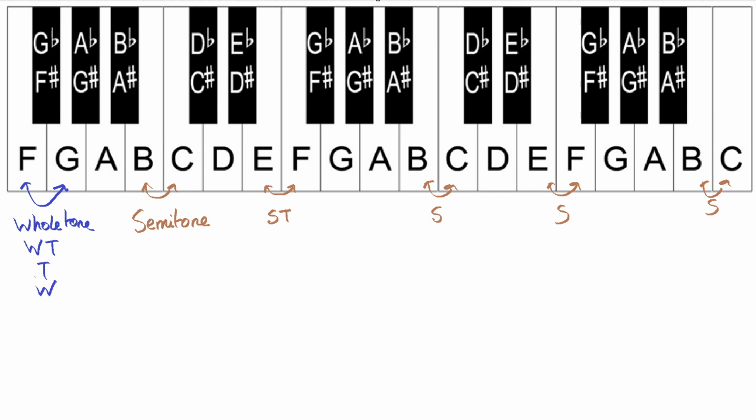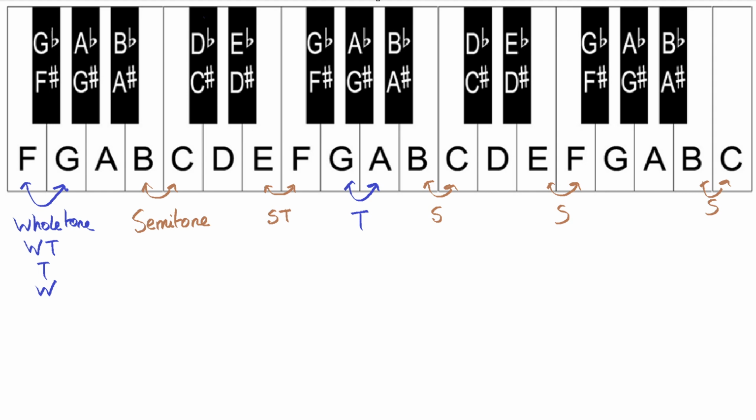The reason I'm giving you several is that if you're looking online at other videos, you might see others. And there are other examples of this, say between G and A, with G sharp or A flat in the middle, another whole tone, which I'm going to call T in this video.